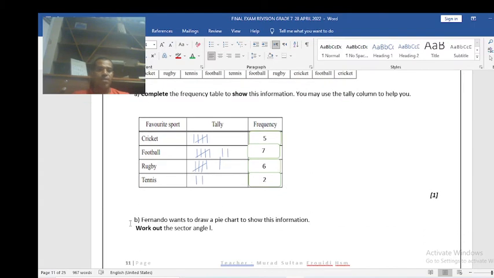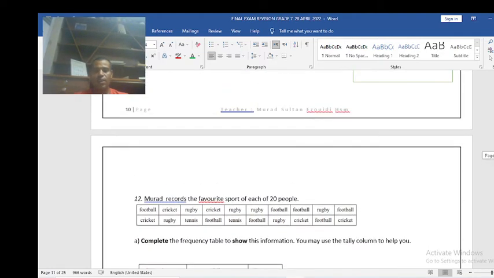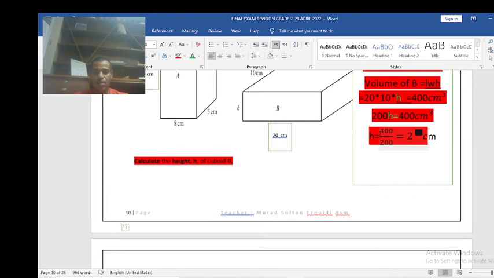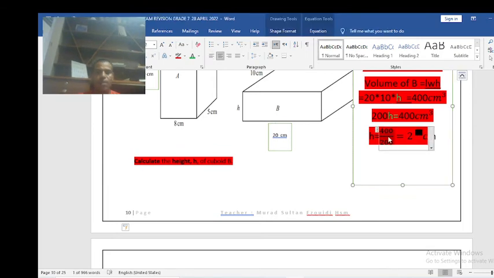Murad wants to draw a pie chart to show this information. Work out the sector angle. The sector angle formula is equal to what?